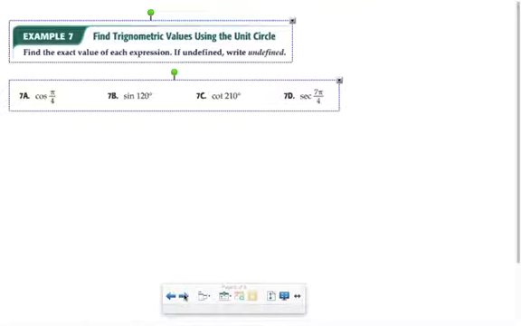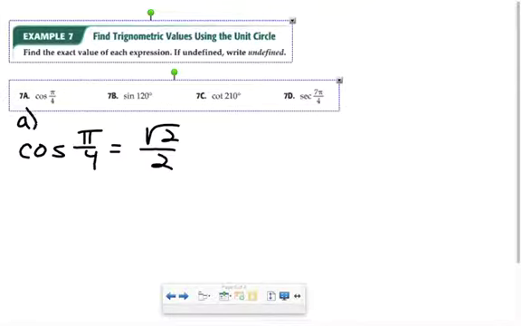So cosine of pi over 4, I'm looking at my reference sheet, and I know that cosine of pi over 4 is going to equal, at pi over 4, my x-coordinate is radical 2 over 2. So that's my answer. Use the reference sheet. It'll make things very, very easy for you.